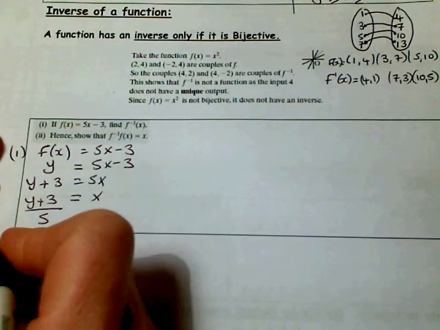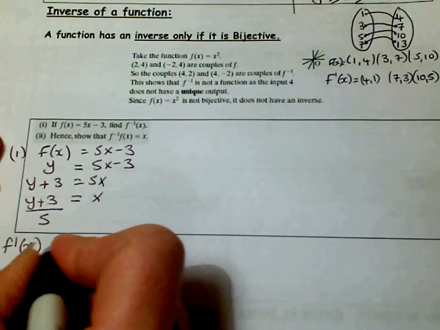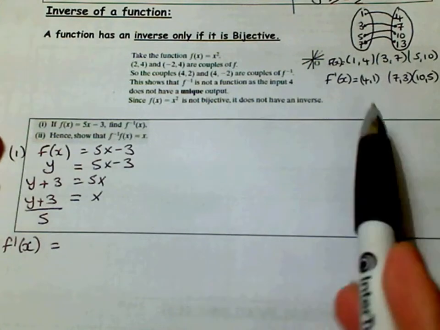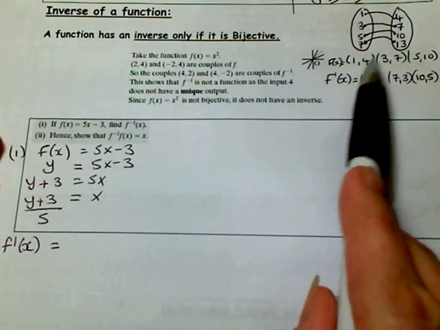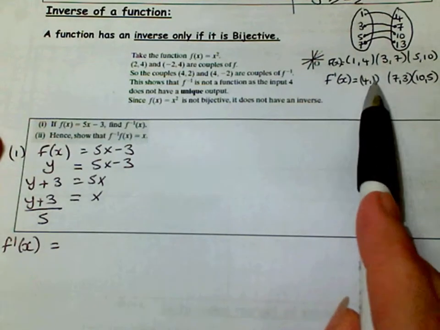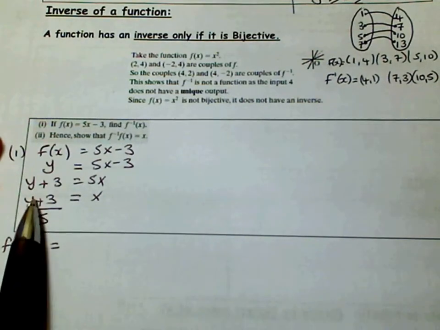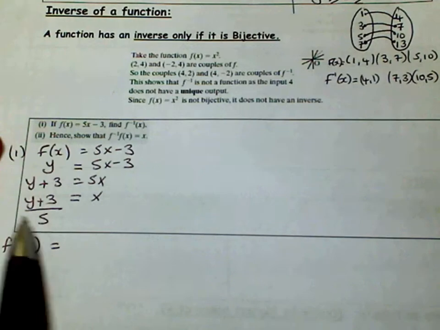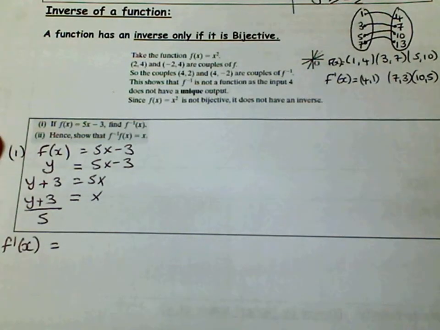Now, to find f dash of x, what you do is, remember, you just change your values around. So you'd have your output and then your input. So instead of everywhere you see y, you're just going to replace it by x, and that will give you the inverse.